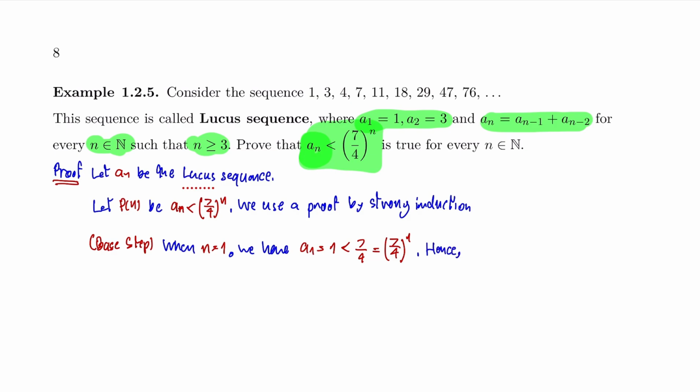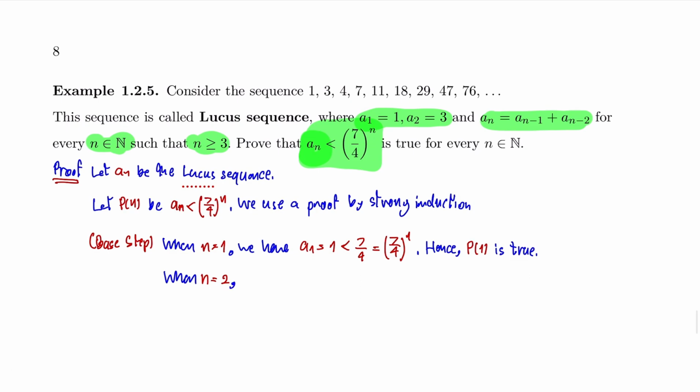P(1) is true. When n is 2, we're going to have a_2 equal to 3, and 3 is equal to 48 over 16.